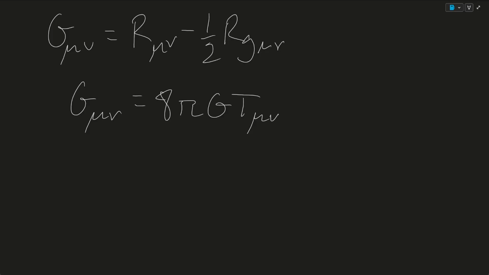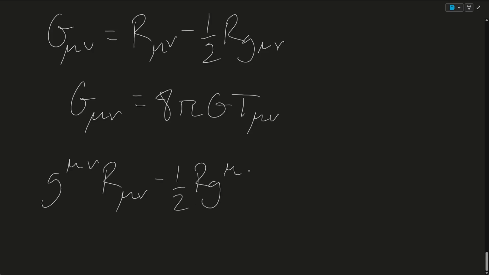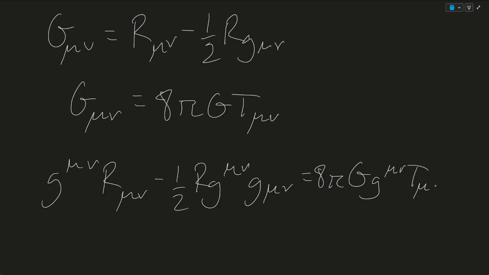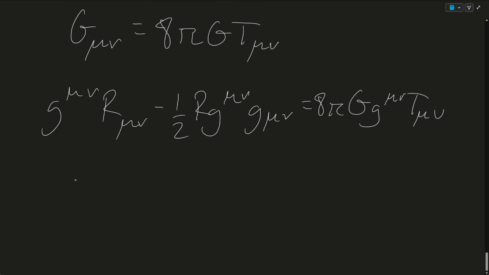It allows us to write the equation of the Ricci tensor directly. So instead we say that g^mu nu R_mu_nu minus half g^mu nu g_mu_nu R is equal to 8 pi G T. I'm just going to get rid of it for the sake of traces.